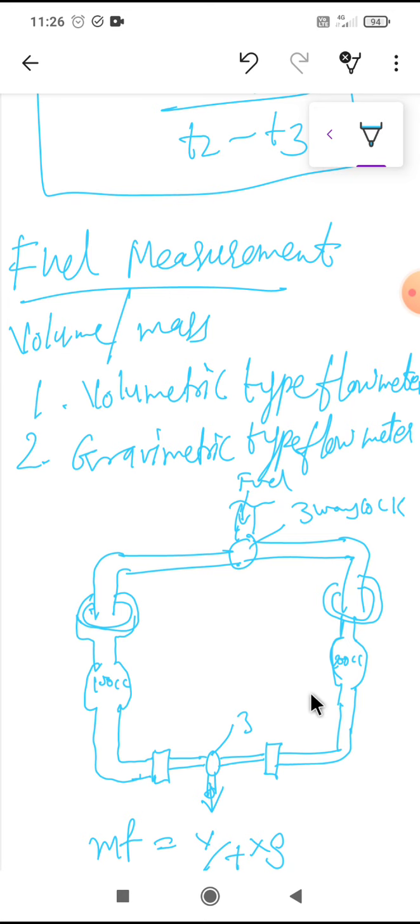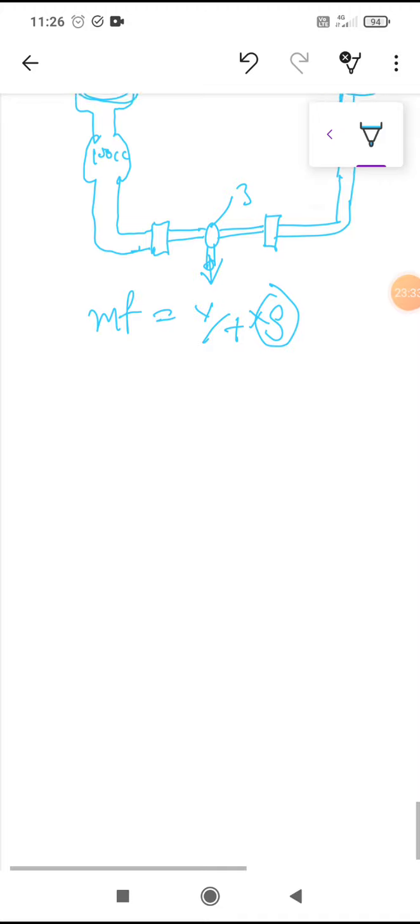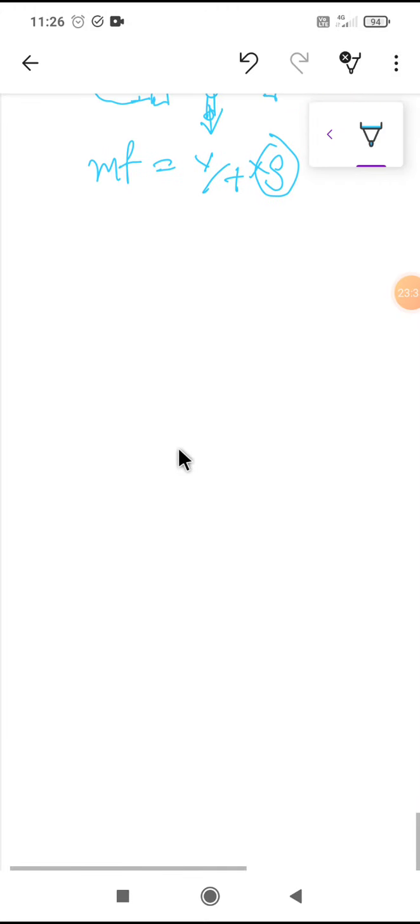By this method the fuel is measured. The disadvantage of this method is that it does not give the exact mass flow rate due to the variation in the density with temperature. The density changes with temperature, so we will not get the exact flow rate.